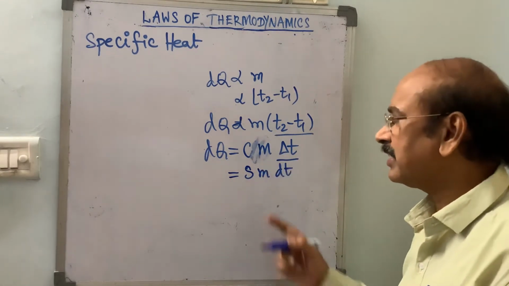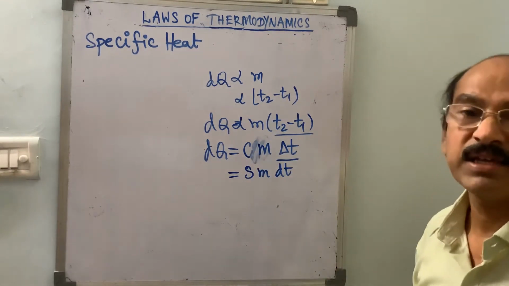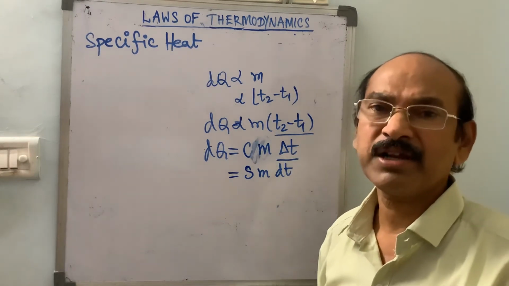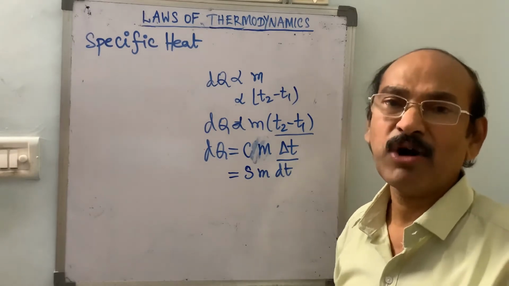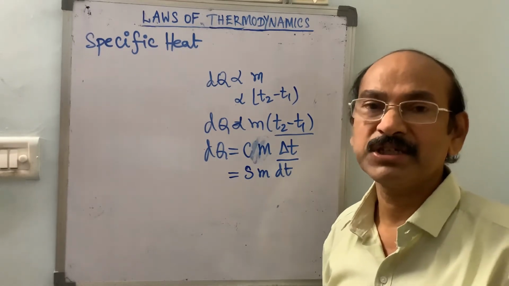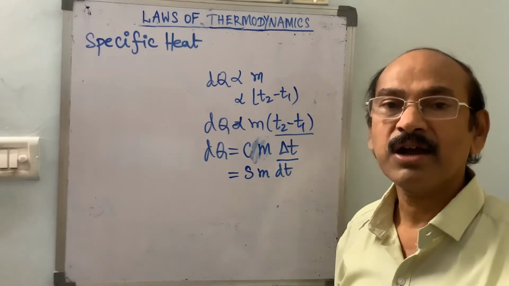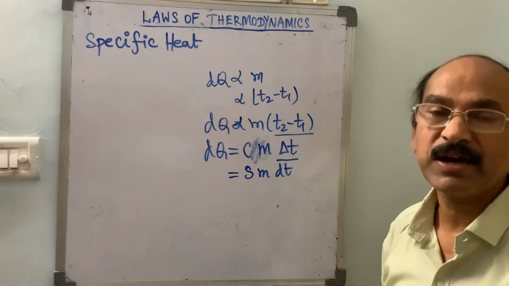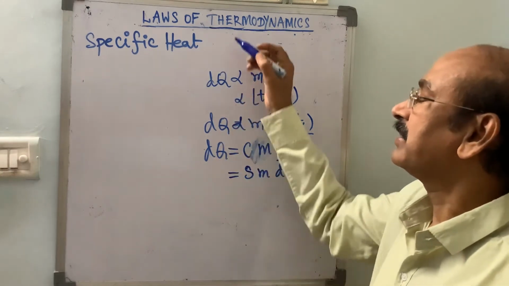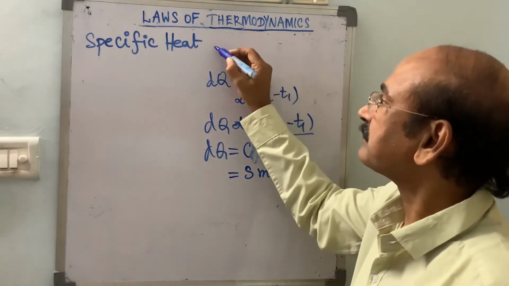In the case of gases, at a particular temperature the gas possesses both pressure and volume. With the rise in temperature, its pressure and volume increase. So gases possess two types of specific heat constants.